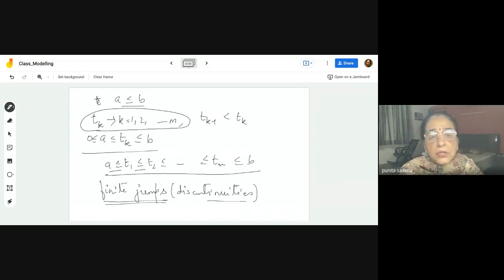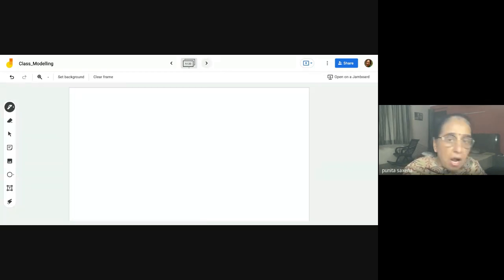Now, since we are talking of a step function here, like example 8 in your book, it talks of the Laplace transform for a step function, right? Now, how do we define a step function? Of course, we had defined it as 1 or 0.